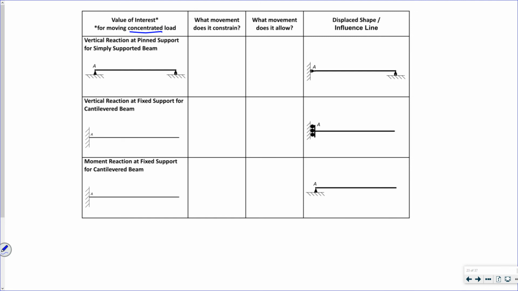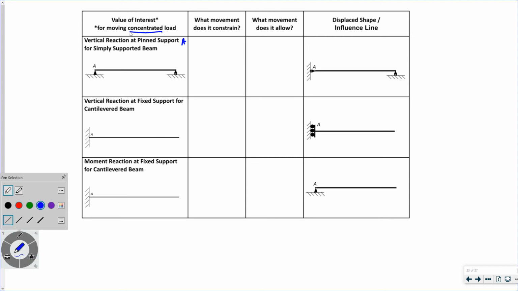We want to know the effect of that concentrated load on the vertical reaction at A. All right, pin support at A. So let's see, I have my vertical reaction, AY.